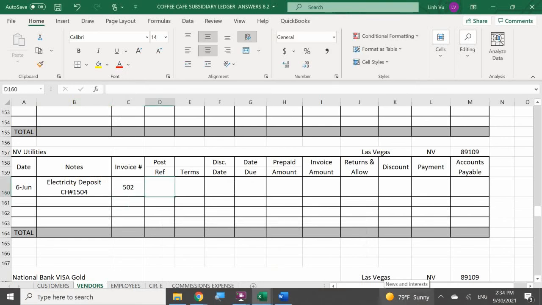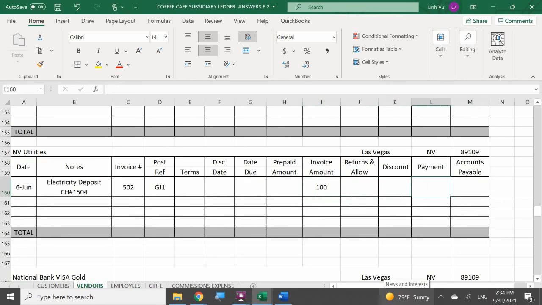Post reference, our first general journal. Now, of course, this is an electricity bill. Were we given terms? We weren't even given a bill in the first place. So in this case, this was just a deposit. Therefore, the invoice amount that we were charged was $100 for the deposit, right?